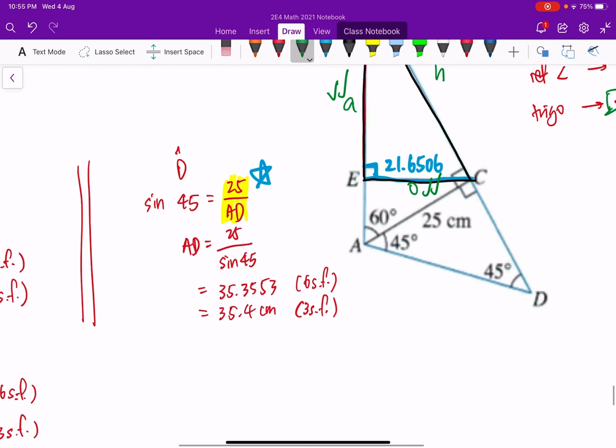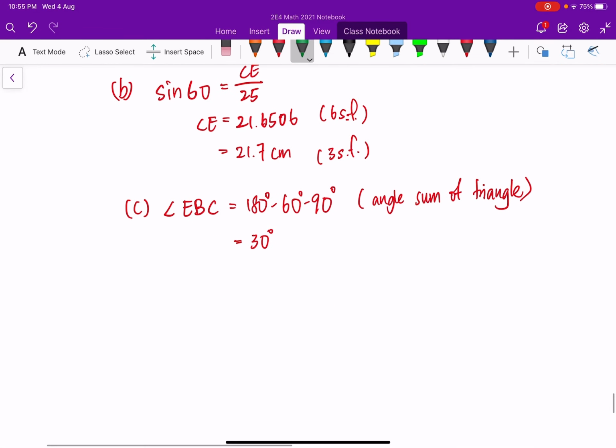So this will be the working. Tangent 30 degrees equals 21.6506 over BE.